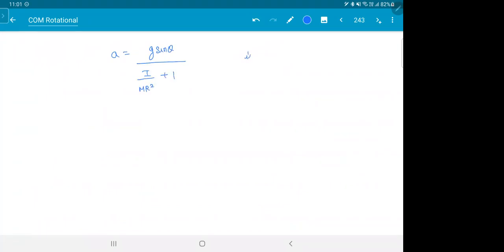Look at here. If I is more, that means the denominator is more. Then a is less. a is less implies time is more. Because if you have less acceleration, you'll take more time to go, no? So indirectly, more moment of inertia implies more time.